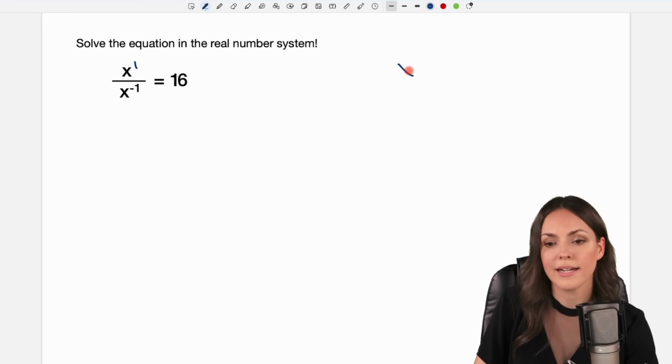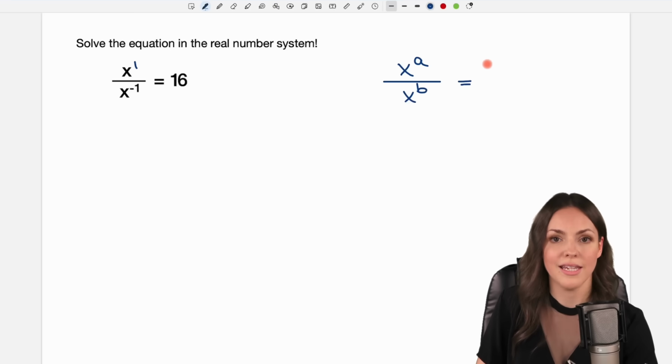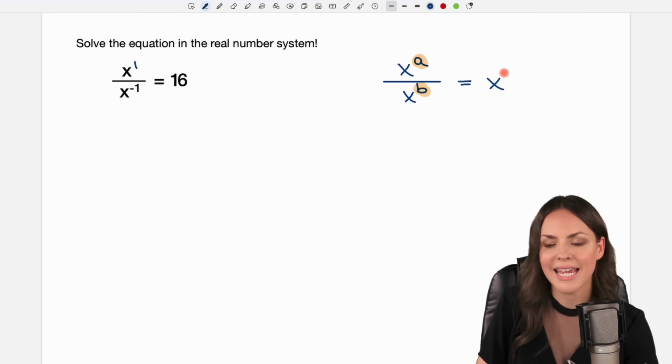So if you have x to the power of a over x to the power of b, this is the same as taking the base, so the x, and subtracting the exponents. So take a and subtract b. The base stays the same, but our new exponent is this here.